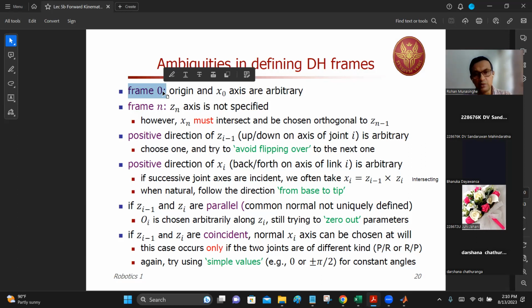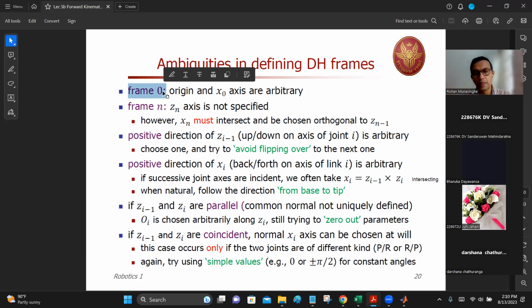Now, what is after frame 0? Well, it is frame 1. Frame 1 is attached to link 1. Link 1 is moving. It moves this way and also that way. So there is a home position for link 1, right? When it is not moved this way or that way, it's at the home position.